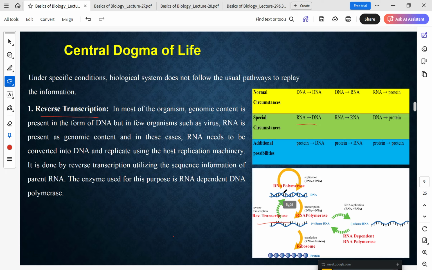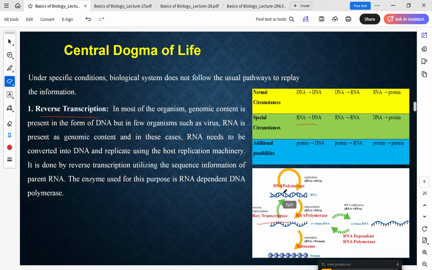It's mostly present in viral systems, because of which, when we do these processes in laboratories, we do it as a synthetic process in our labs. It is not a natural process that occurs.